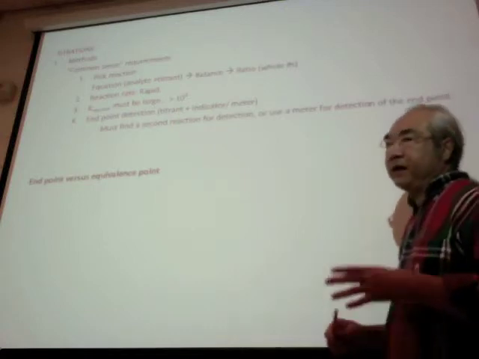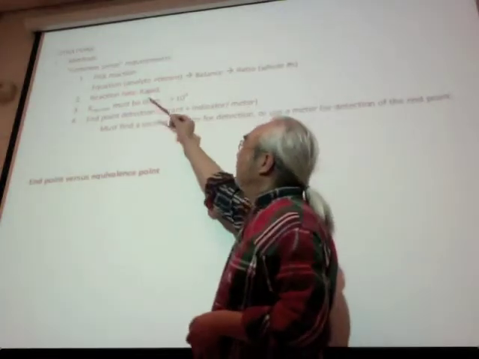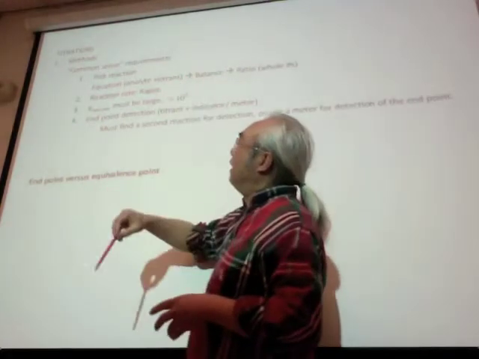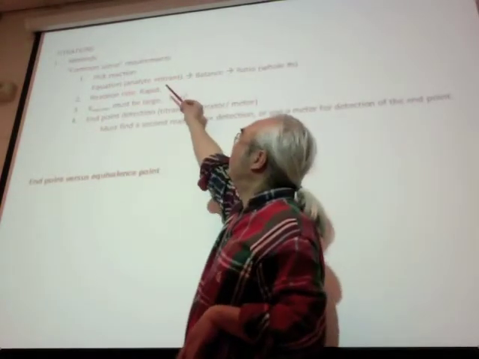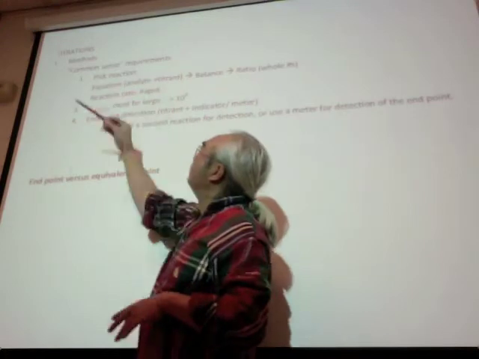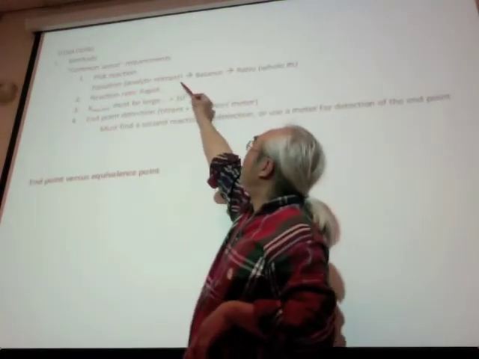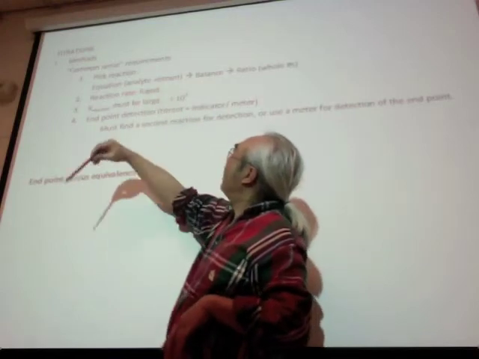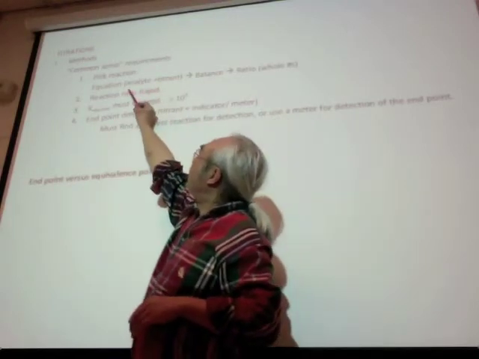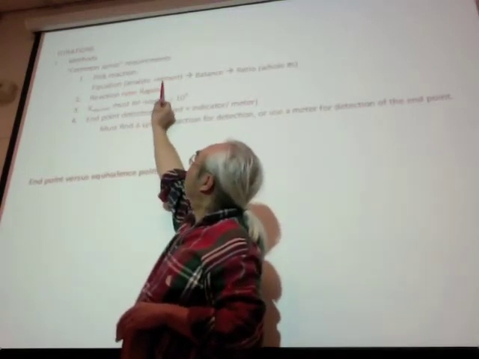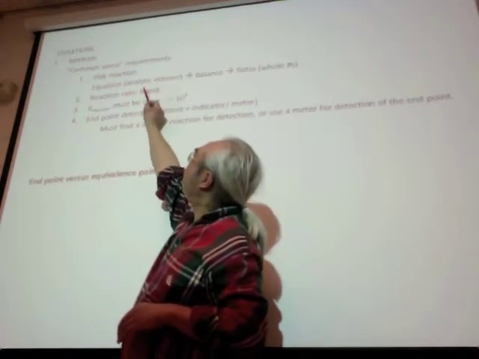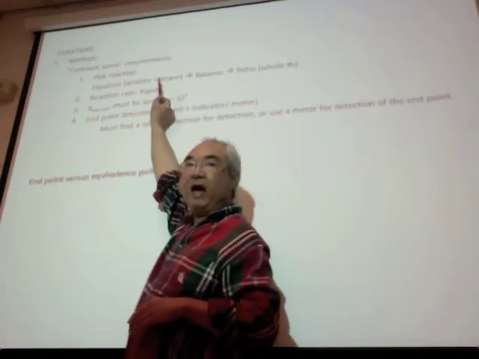Okay, so for acid and base titrations, when you pick a method, the method will call for some of your common sense. When you pick a particular reaction, it needs to have an equation to describe it. So the equation needs to have both the titrant and the analyte that react with each other.